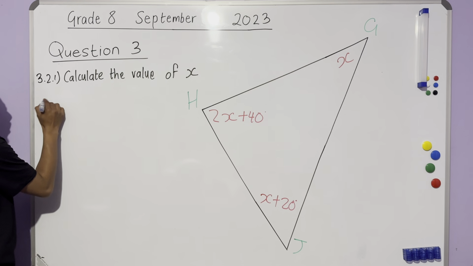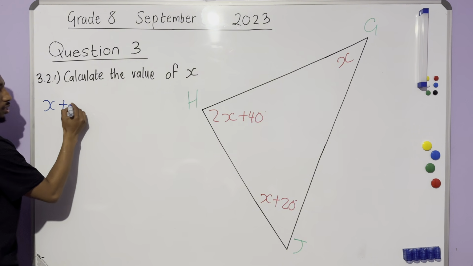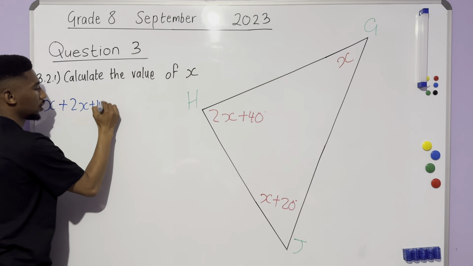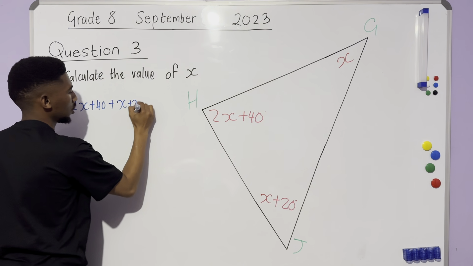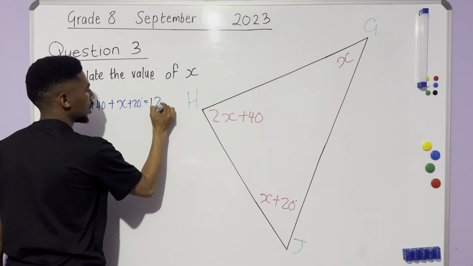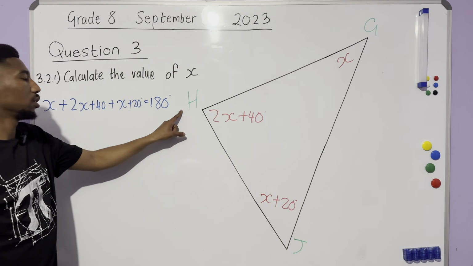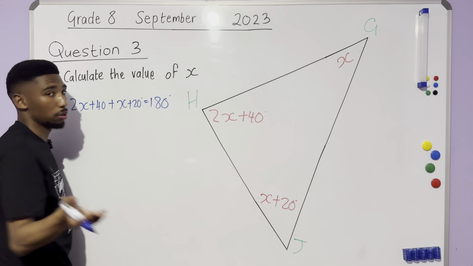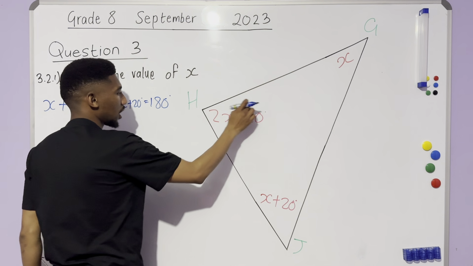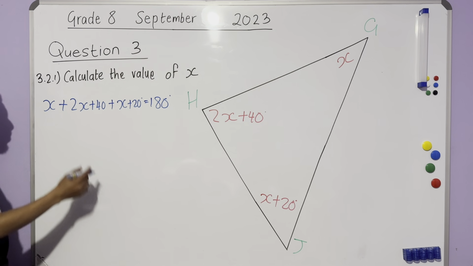We're going to add all those angles: angle G, x, plus angle H, which is 2x plus 40, plus angle J, which is x plus 20, and adding them all up to 180 degrees. And your reason is angles in a triangle. You need to add that in brackets, but due to space I'm not going to, which means I would lose one mark: angles in a triangle equal 180 degrees. That means I'm going to get 49 out of 50.